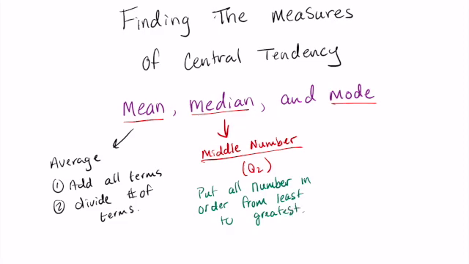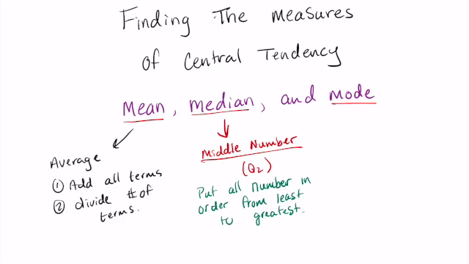And for the problems in this video, you'll see that all the numbers are already placed in order from least to greatest, but most of the time they're not. So you have to remember before we start, it's good practice to go ahead and put your numbers in order from least to greatest.